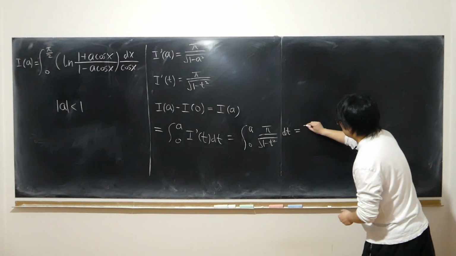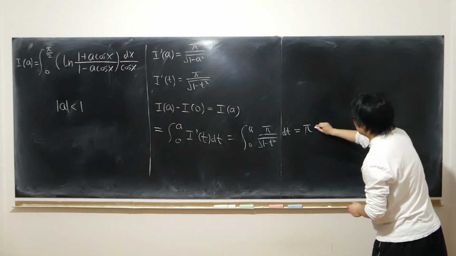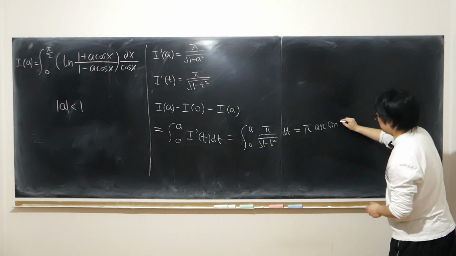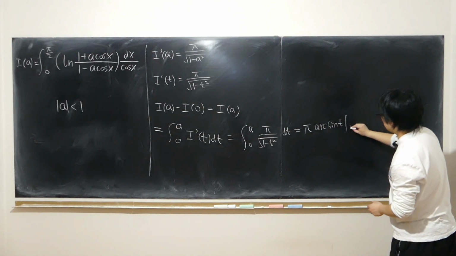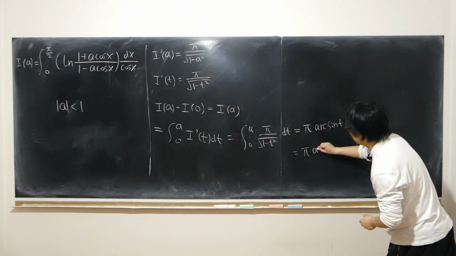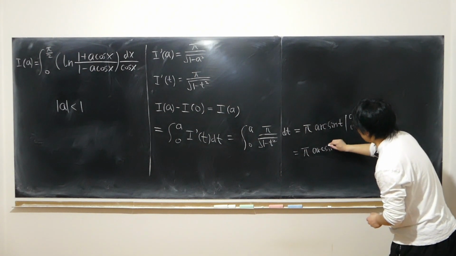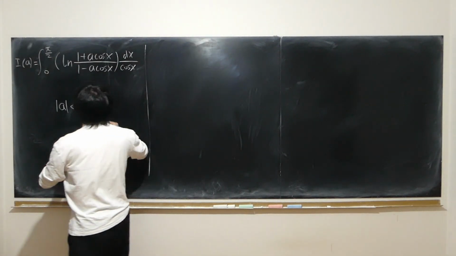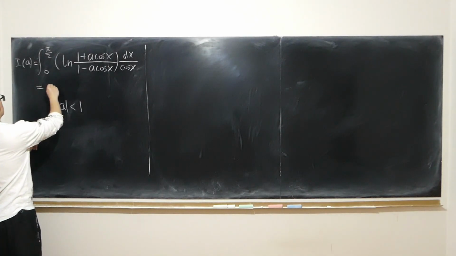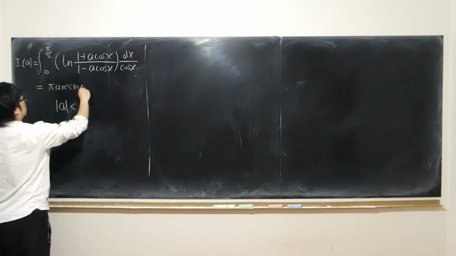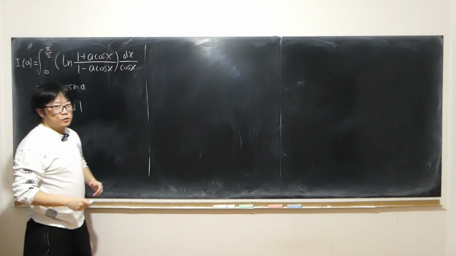That is pi times arc sine t from 0 to a. That is just pi arc sine a. Now we've worked out the value for this definite integral, pi arc sine of a, as we just shown.